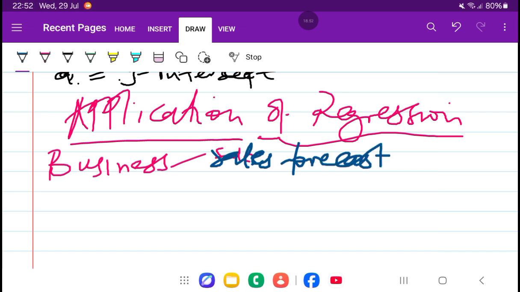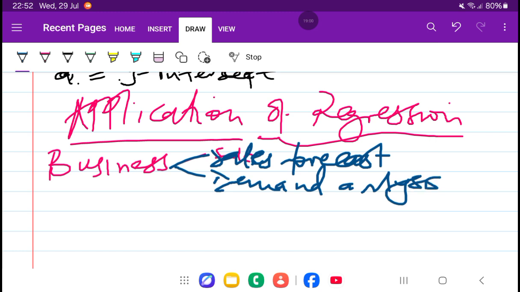You can also use it in demand analysis, where we can look at maybe the price vis-a-vis the demand for the product. Of course, we can also use it in determining the effectiveness of advertising.